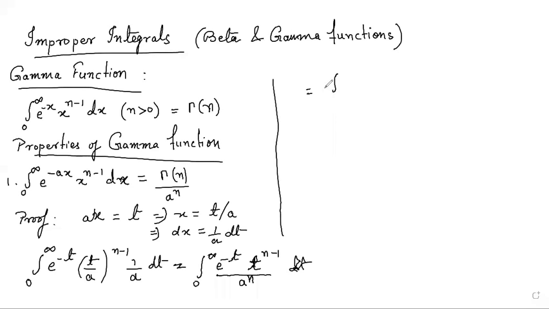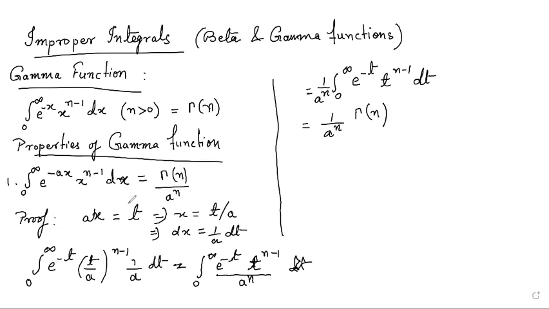So 1 by a to the power of n will come out as it is a constant quantity. It becomes the integral 0 to infinity e to the power of minus t, t to the power of n minus 1 dt. Now look at the form of the gamma function. This is the form e to the power of minus x, x to the power of n minus 1 dx, so I can write it as gamma n.